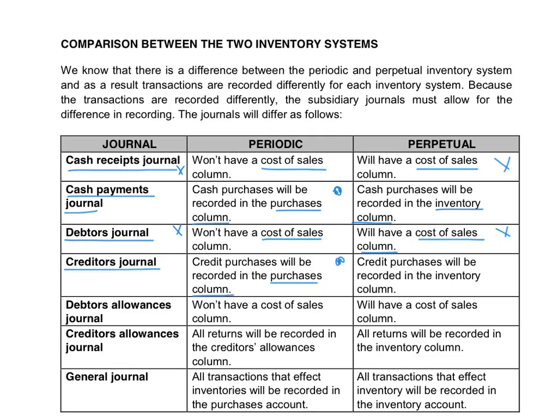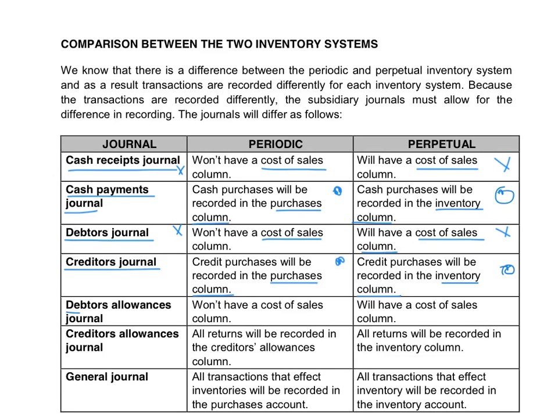In the perpetual system, the inventory will be recorded in the inventory column because we want to transfer this information to the inventory account to determine the value of inventory that's still available in the business. So for cash purchases or credit purchases, you will record the entry in the inventory column.